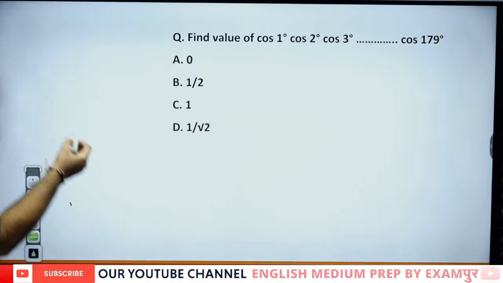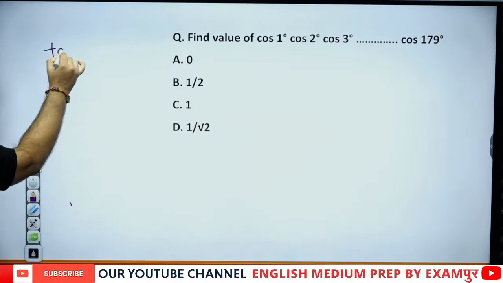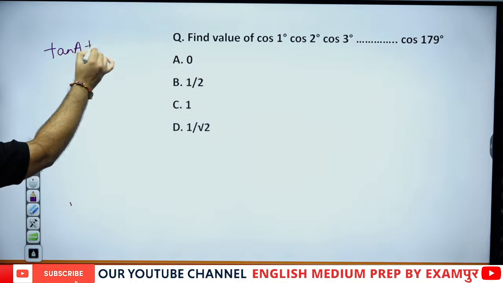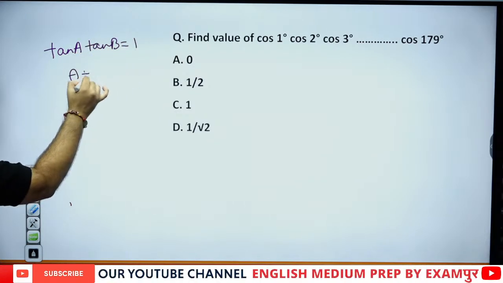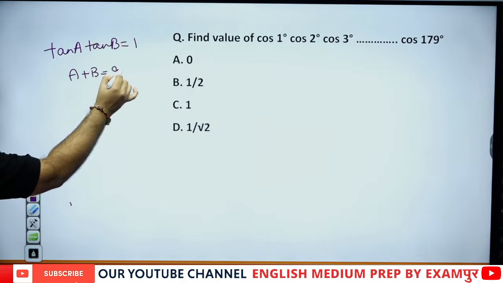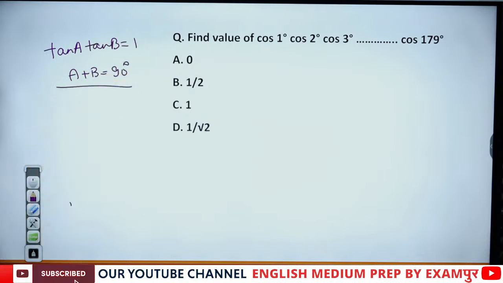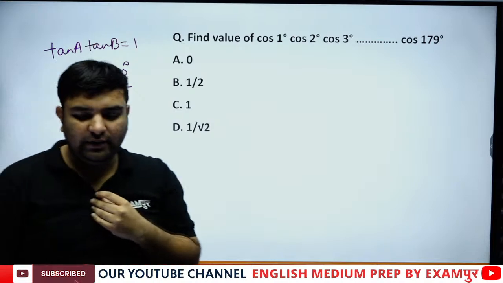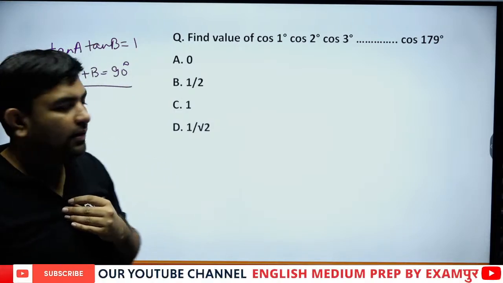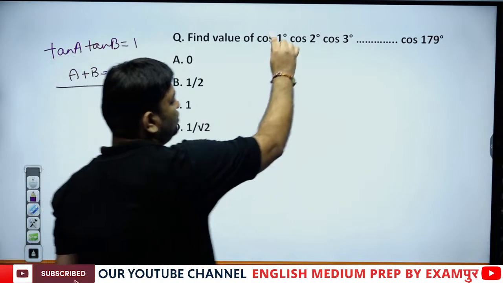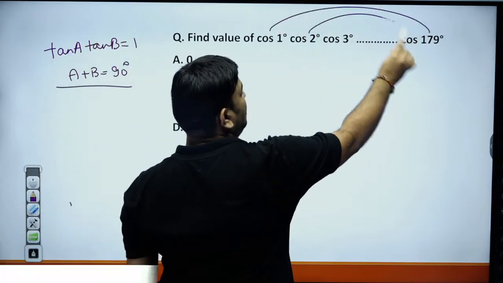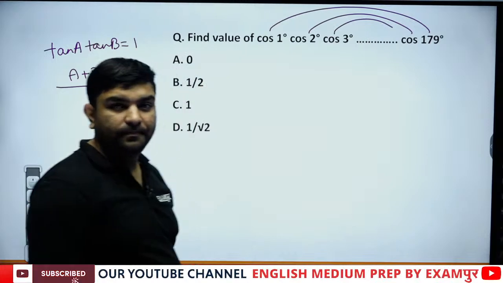Have I told you that tan A into tan B is 1 if A plus B is 90? Have I told you that cos A into cos B is also 1 if the values are 90 degree? No, I haven't told you.